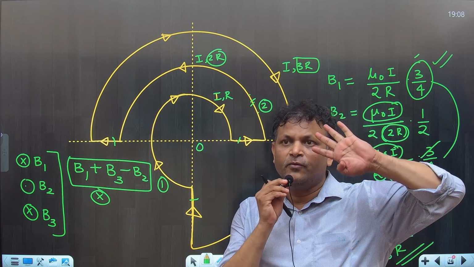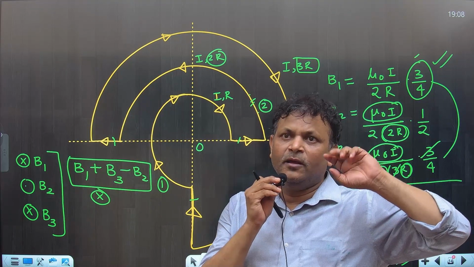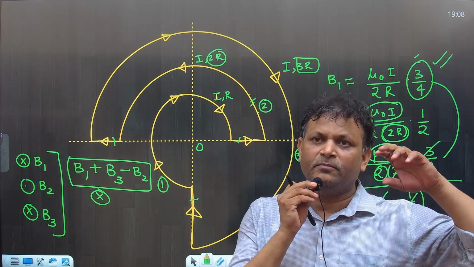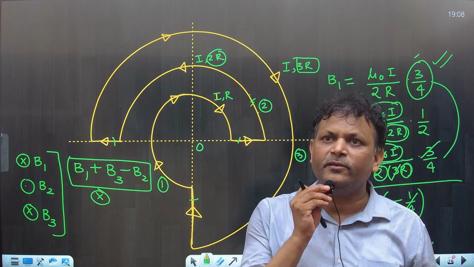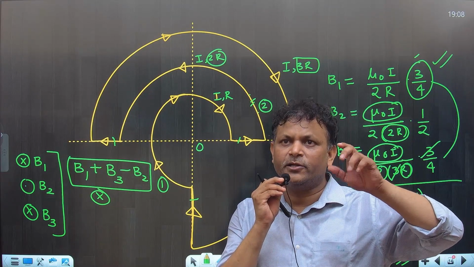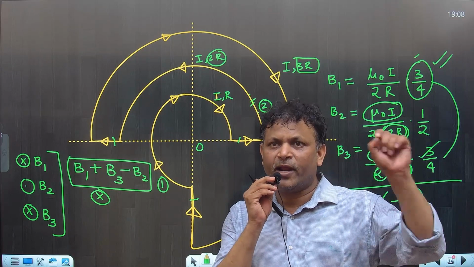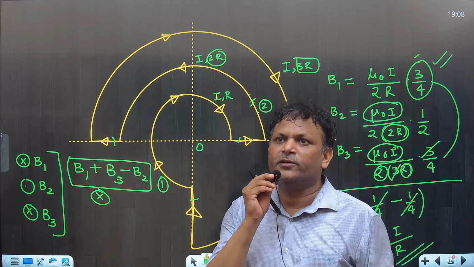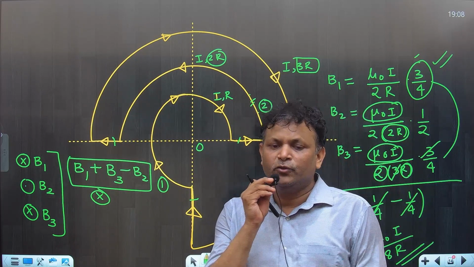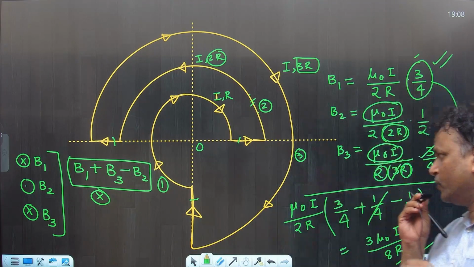So there are 4 chances of mistake here: you may use the wrong formula, write the wrong value of radius, get the wrong direction of magnetic field, or multiply by the wrong fraction. So pause this video, do it by yourself, and find the answer. Okay.